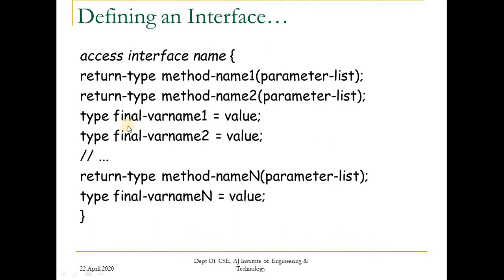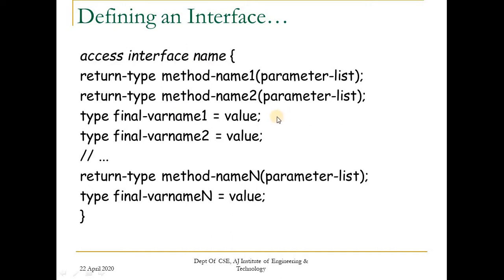Interfaces can also define final variables. Okay, we can only declare a final variable within an interface: type final variable equal to value. So the variables that are declared inside an interface are called final variables. Now, what is the meaning of final variables? It means that the class that is going to implement this interface cannot change the value of the variable.